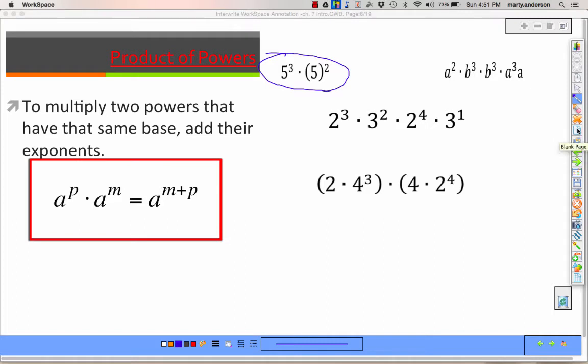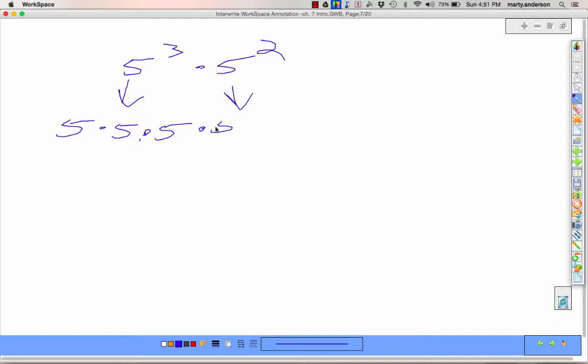So it's 5 cubed times 5 squared. What does it mean to be 5 cubed? It means 5 times 5 times 5. What does it mean to be 5 squared? It means 5 times 5. So really this is 1, 2, 3, 4, 5. It's 5 multiplied together 5 times.